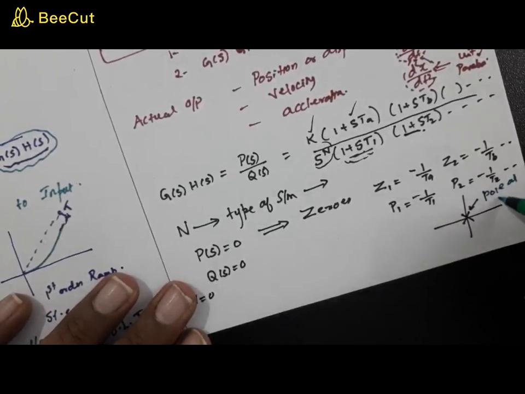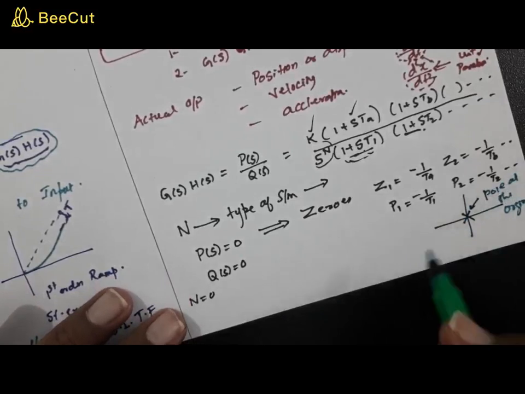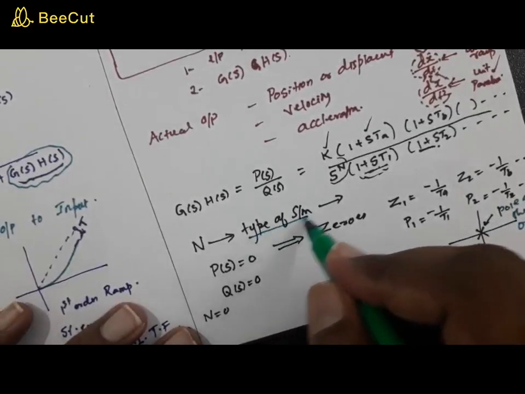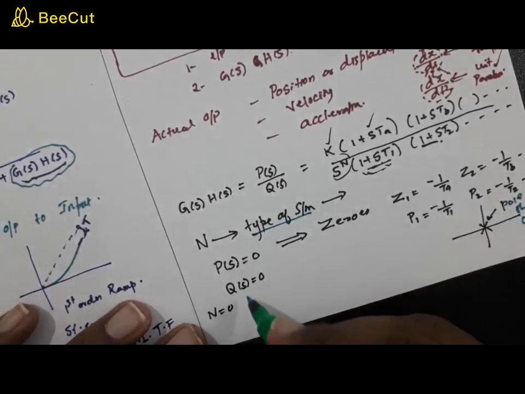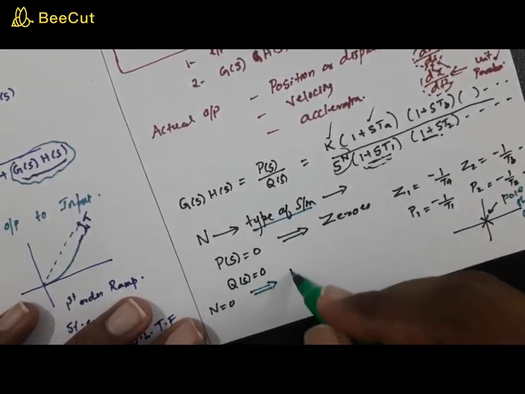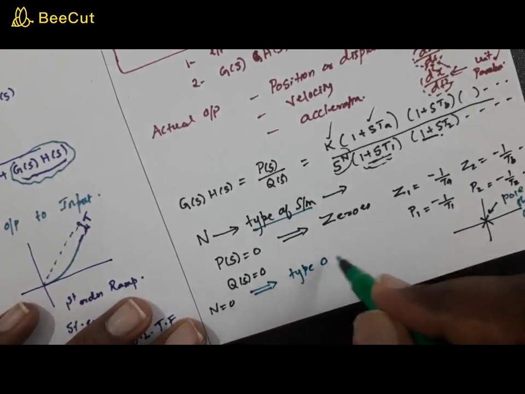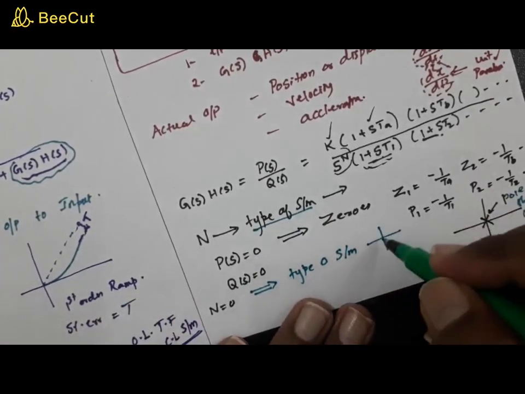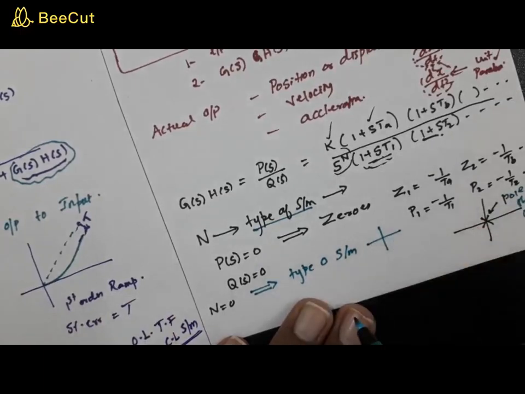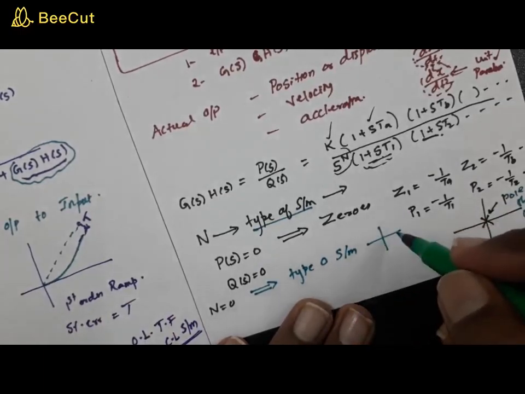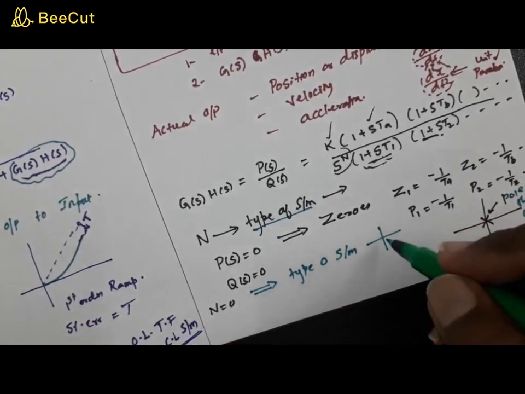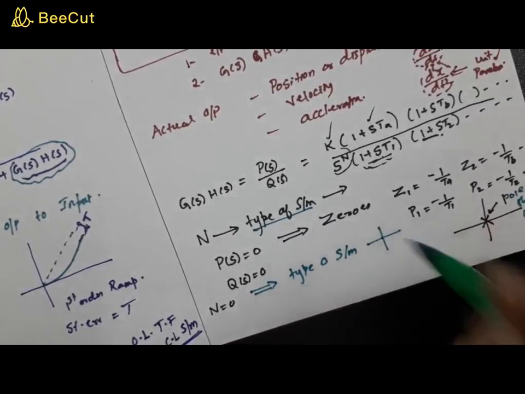Based on the poles at the origin, the system can be of different types, which is why this n refers to the type of the system. When n is equal to 0, we call it a type 0 system, meaning you don't have any pole at the origin. When you plot the pole-zero plot, you will have numerous poles and zeros around, but no pole at the origin.